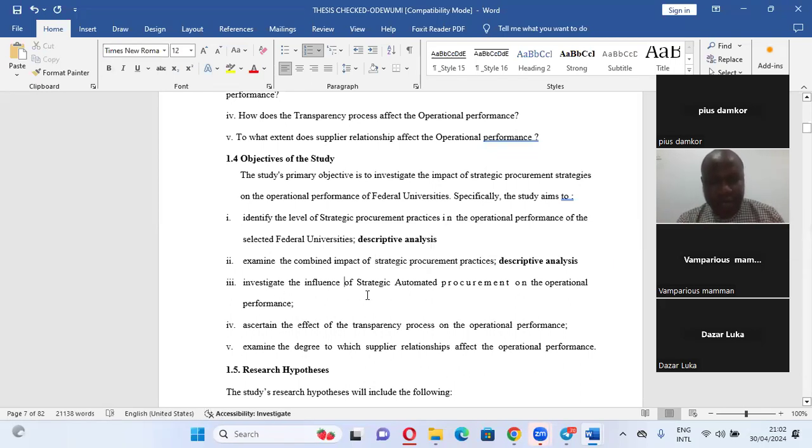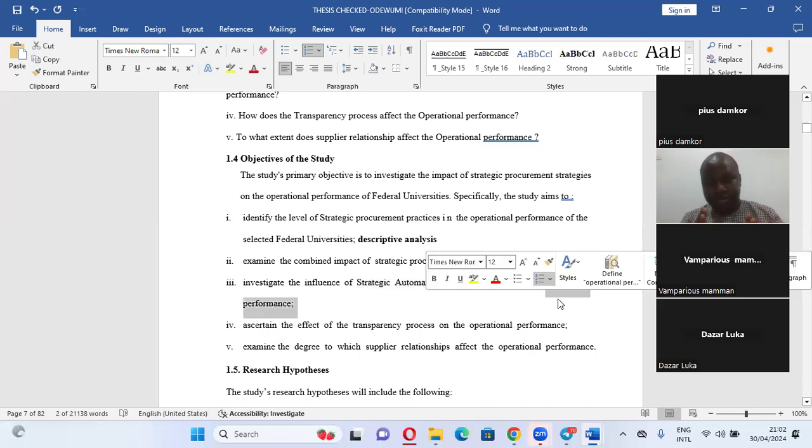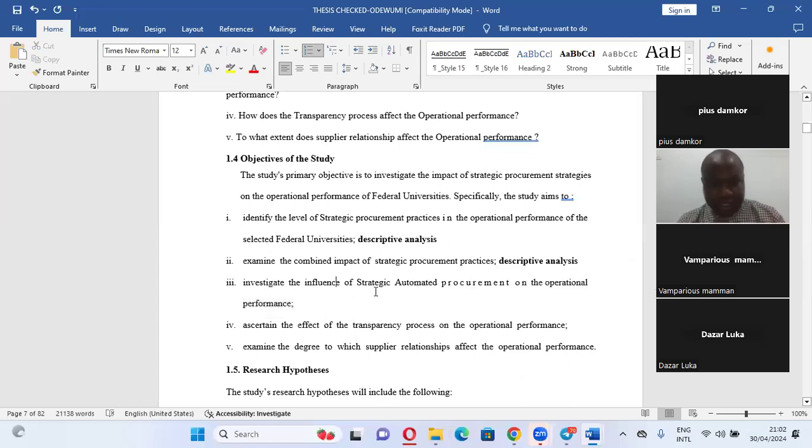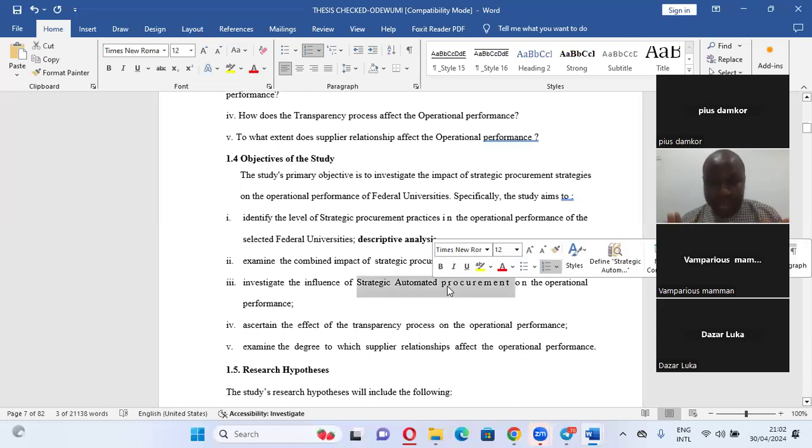Investigate the influence of strategic automated procurement on the operational performance. Aha. Now, this objective has two variables. We have strategic automated procurement as a variable, and we have operational performance as another variable. Now, look at this. Investigate the influence of this on this. It means that operational performance depends on this one. That's the meaning.